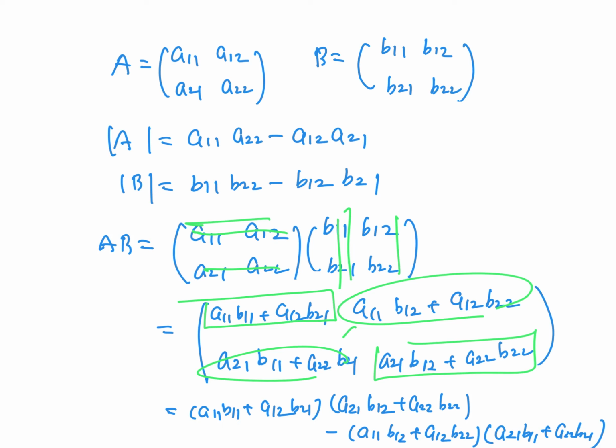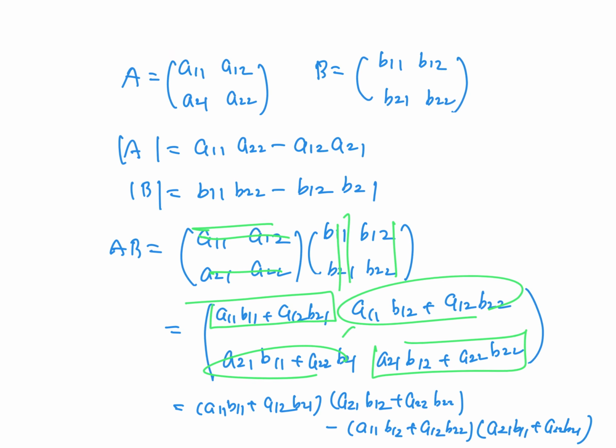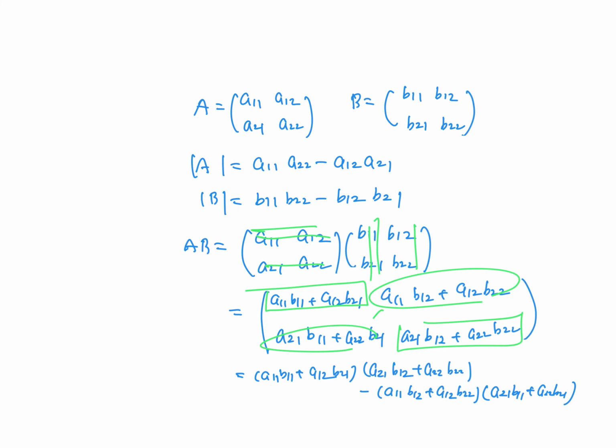So how many elements do we have? Just simply 4, 8.